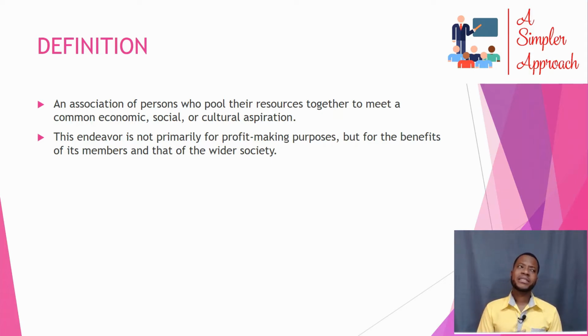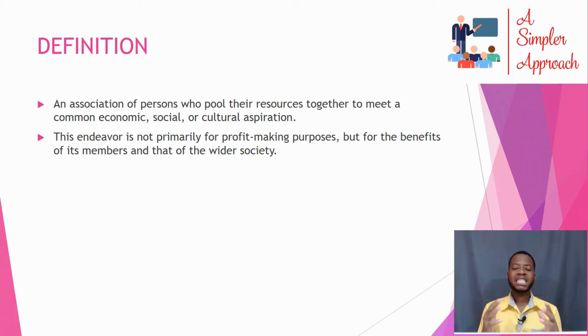Now, cooperative societies are formed by an association of persons who pool their resources together in order to meet a common economic goal or aspiration. All right? Now, there are cooperative societies who operate on the basis of making a profit, but the underlying concept of cooperative societies is not necessarily to make profits, although there are cooperative societies who do make profit.